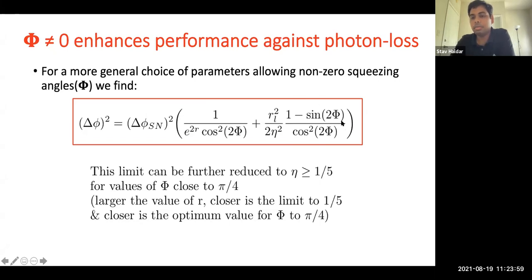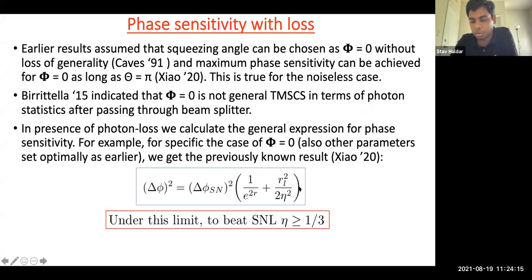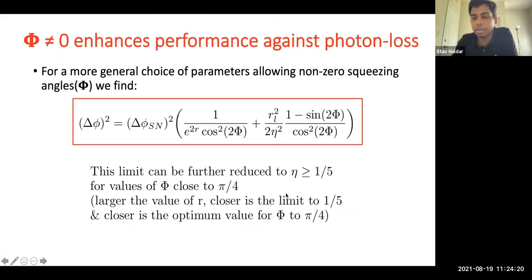And on first sight, if you put phi equal to 0, you get back your original expression. But the idea here is that this limiting value can go down up to 1/2, whereas in the previous expression there was no phi dependence, and therefore this was just RL square by 2 eta square.